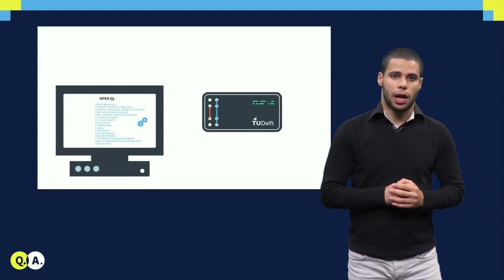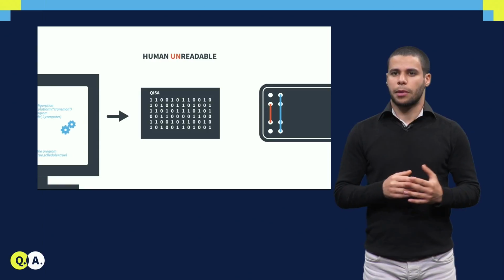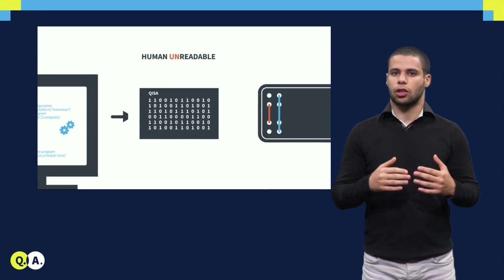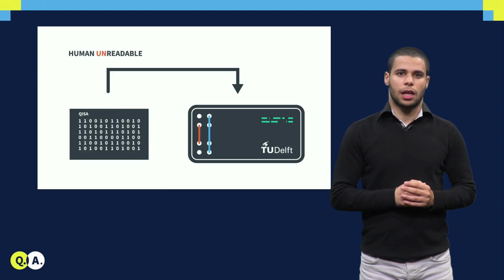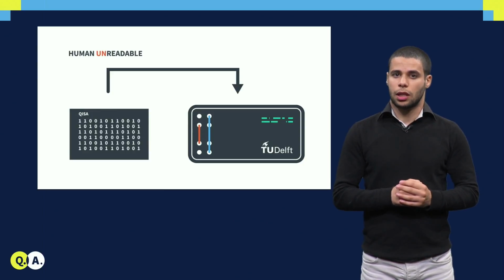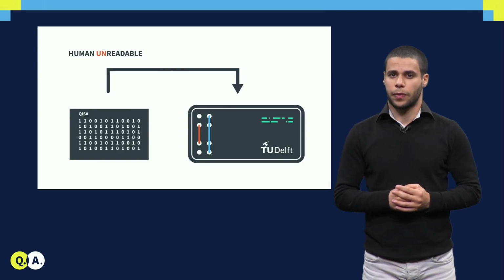As we saw in the compiler lecture, the initial human-readable program implementing the algorithm goes through different compilation steps which produce a binary code. That binary code can be decoded and executed by our quantum computer.